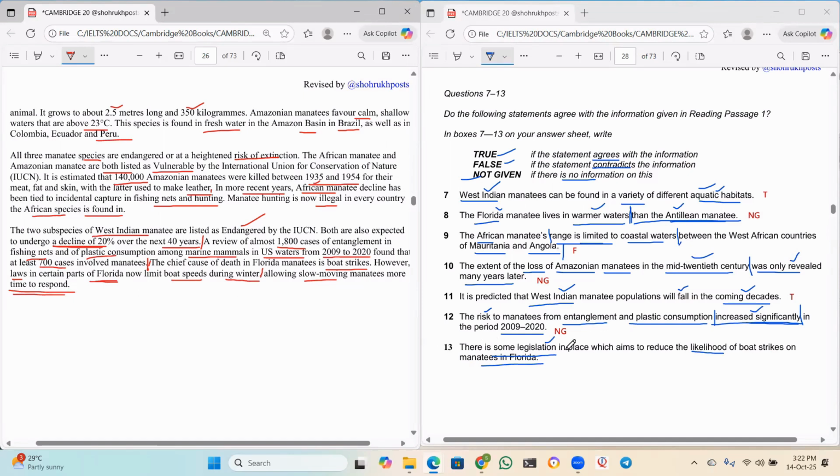Some legislation in place means laws which aim to reduce the likelihood of boat strikes on manatees in Florida. Yes, exactly, sir. So the last sentence and the last question, they both are exactly matching with each other. It is simply paraphrased. So what is our answer, guys? What should be the answer here? It is true. Yes, they're exactly matching.